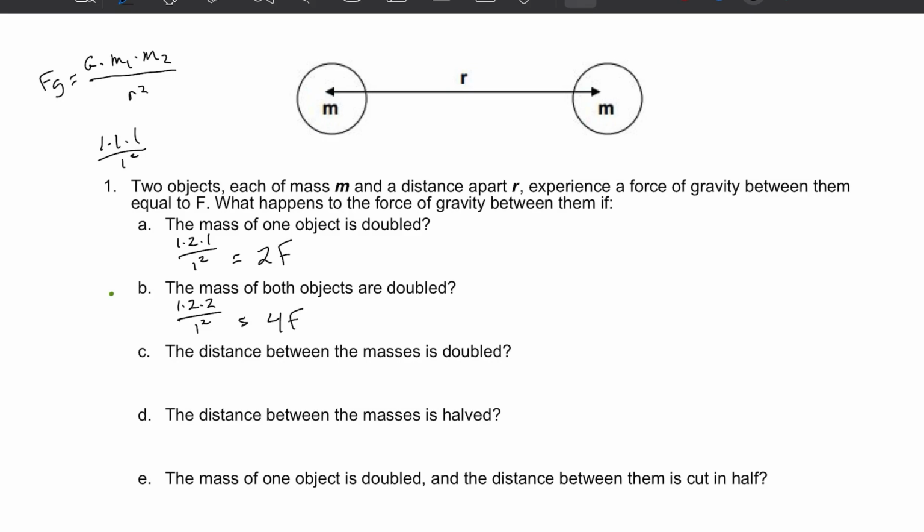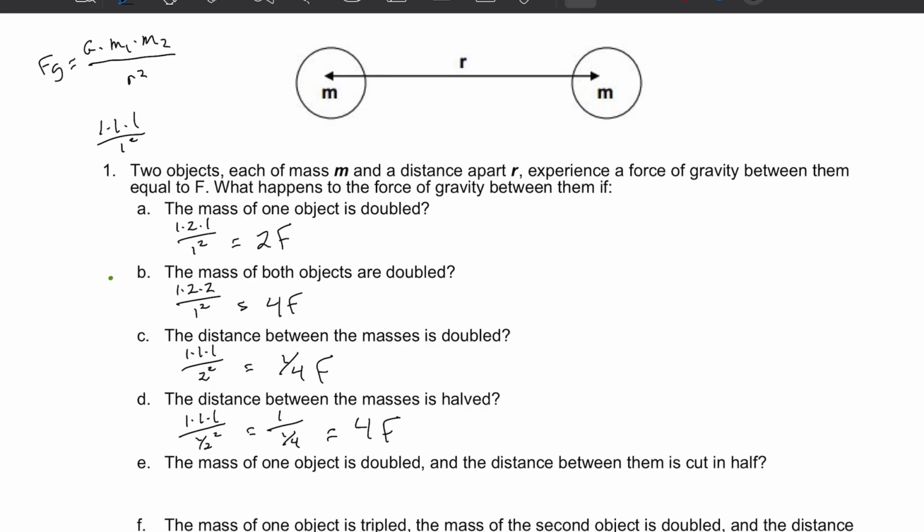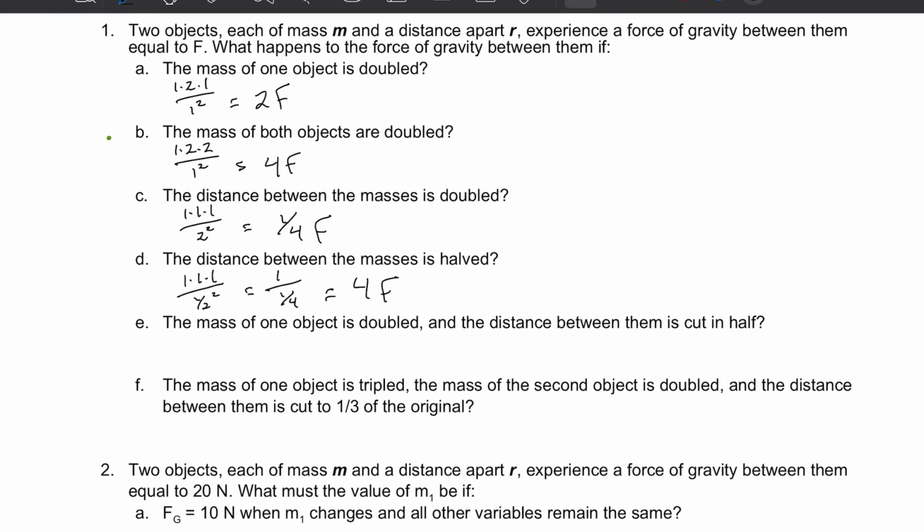If we double both masses, 2 times 2, that will be 4 times the force. If we only change the displacement on the bottom, that would be 1 over 2 squared, or 1/4 the force. We've doubled the distance, we have 1/4 the force. If we halve the distance, we get closer in, we would get 1 over 1/2 squared, or 1 over 1/4, which is 4 times the force.